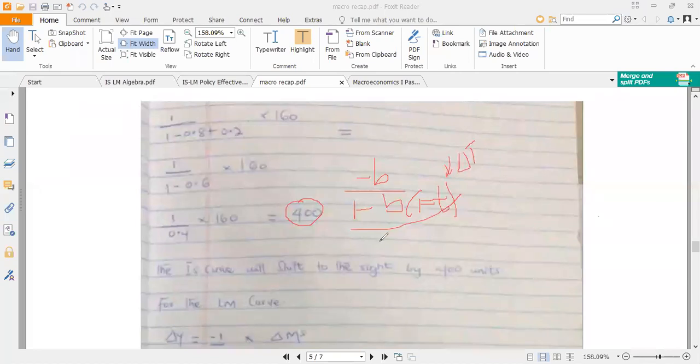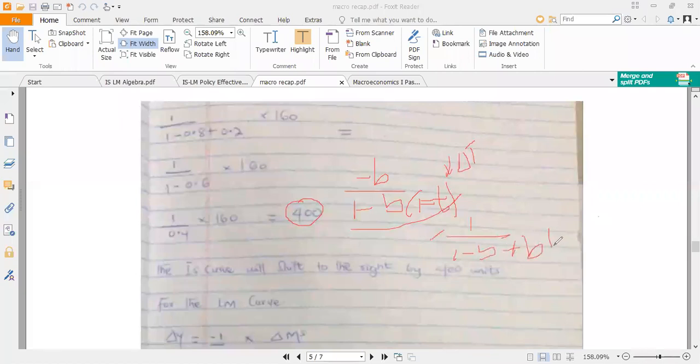Please, I'm confused with the parameters. Is it 1/(1 minus B plus BT), or 1/(1 minus B) into bracket (1 minus T)? Oh, it's just algebra.